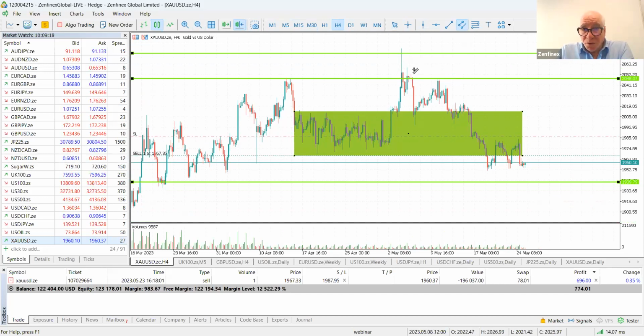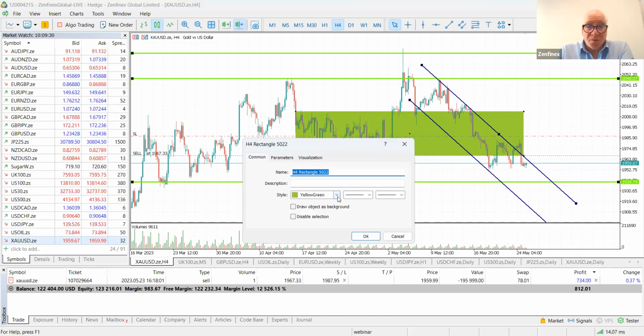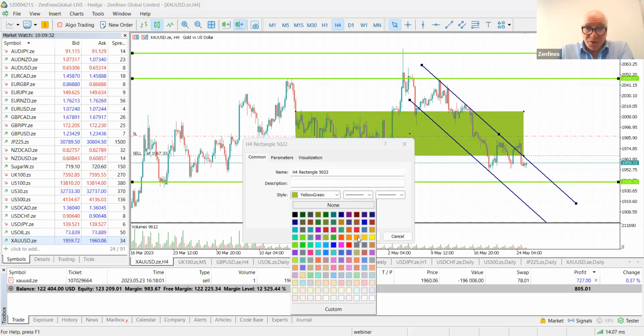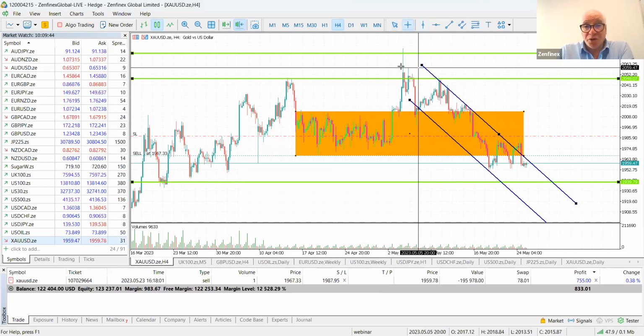And those of you who watch my previous videos, you'll see these are the same levels that I used then. In fact, let me make this orange because I think you'll recognize it. It looks similar to when you look back at the previous consolidation zone: break out of the consolidation, hit a new high, retreated back into the zone, tried to get higher than this level here, couldn't.